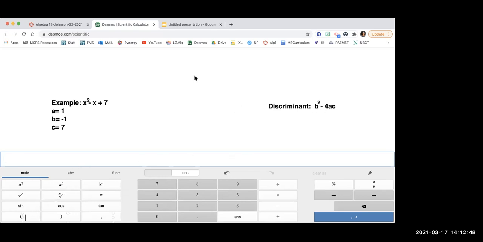I'm going to replace b with parentheses squared minus 4 times parentheses twice. I'll replace b with negative 1, a with positive 1, and c with positive 7. My final answer for my discriminant is negative 27.